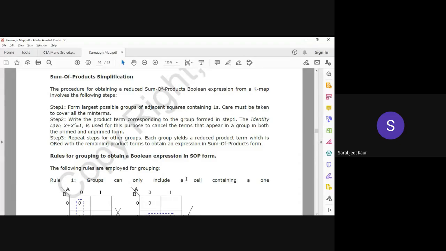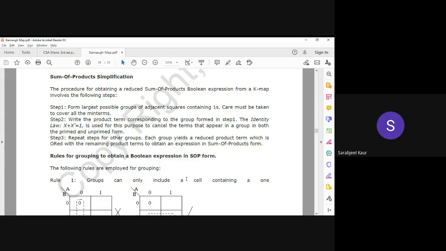So I can make a group of 2 raised to the power of 1, that is 2 ones, 2 raised to the power of 2, that is 4 ones, 2 raised to the power of 3, that is 8 ones, and so on. I cannot make a group of 3, 5, 6 or 7 ones. Is this clear? Yes, ma'am.